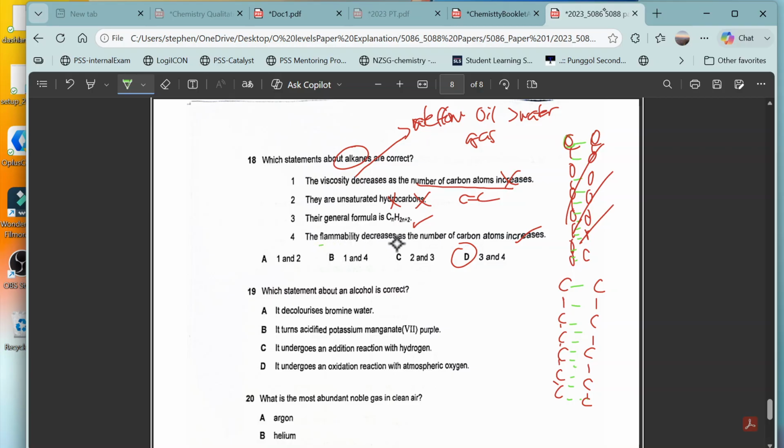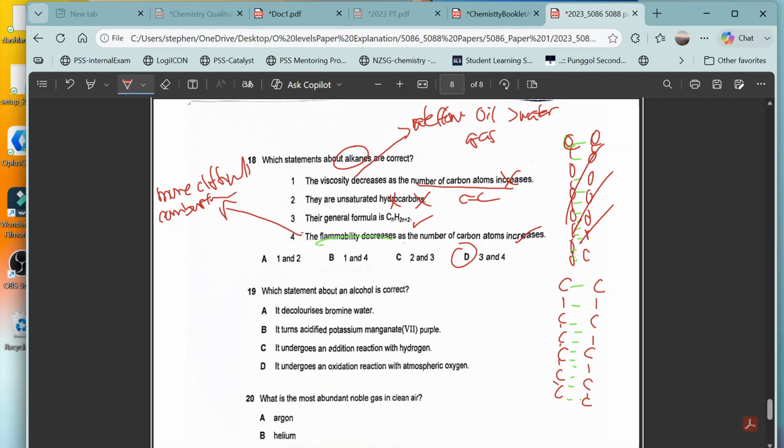The flammability decreases. Then what does this mean? Flammability decreases. That simply means more difficult to burn. More difficult to burn. Combust, right? You burn, combustion. So, which is correct?